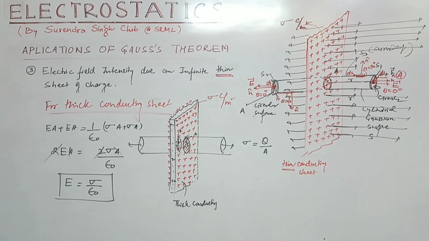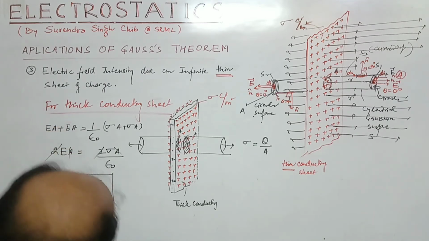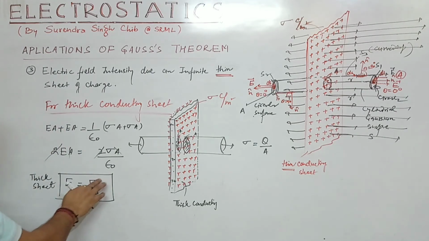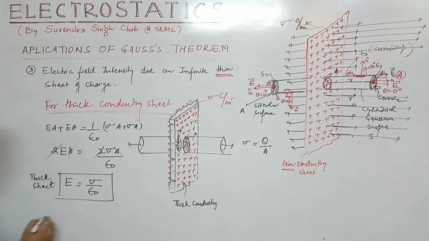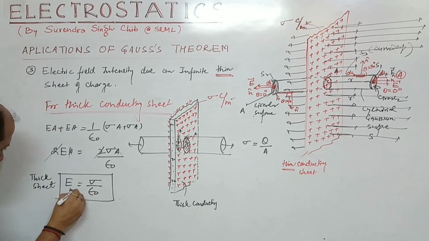See, this is for thick sheet. तो thick sheet के लिए we have E equals sigma by epsilon naught. What was the expression for thin sheet? We have sigma by 2 epsilon naught. What we have found? If it is thick, I am writing here thick.